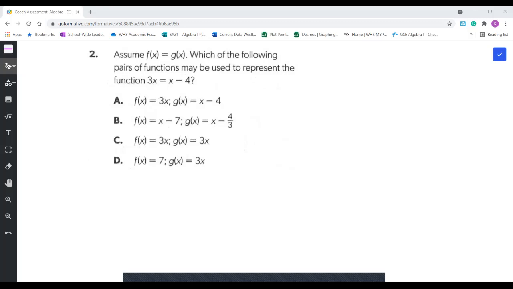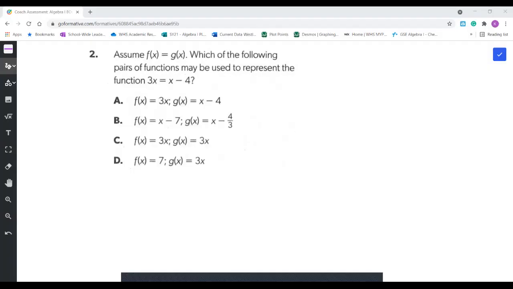I don't think I can do that. Yeah, it's not going to let me do it. All right, stop share. Stop record. I tried, y'all.